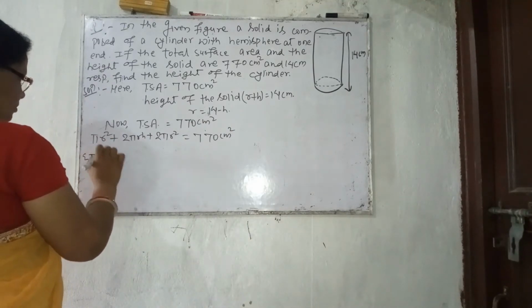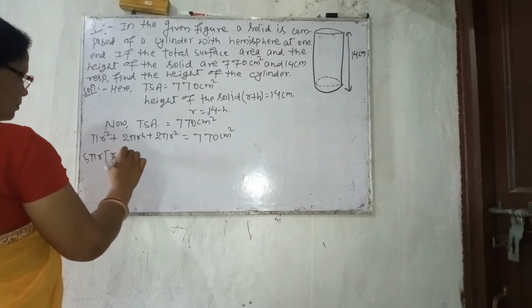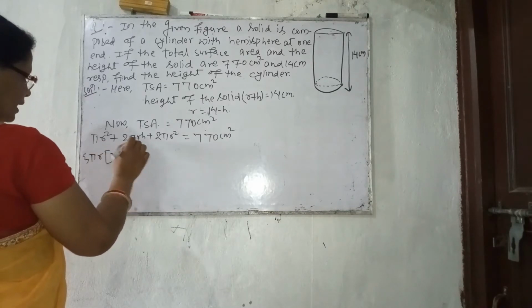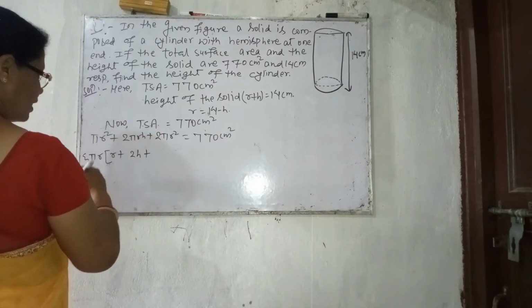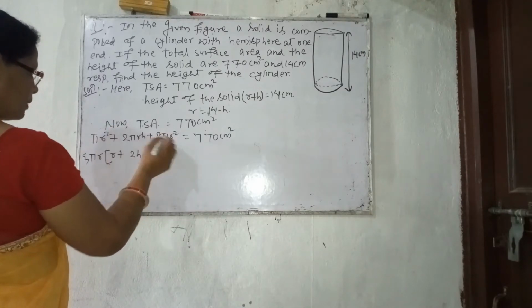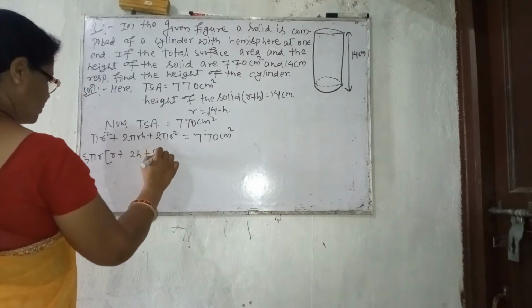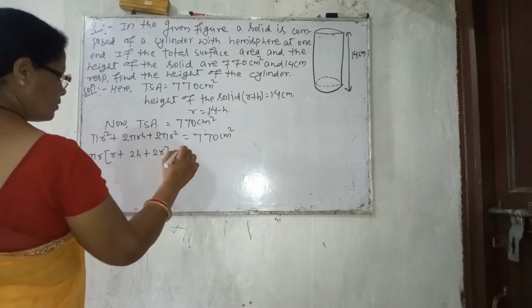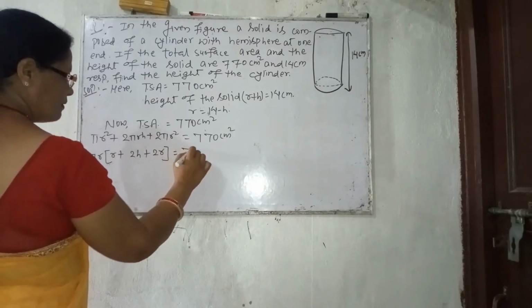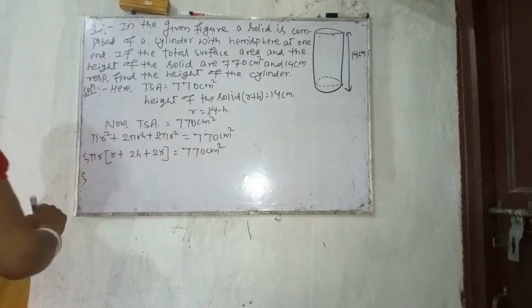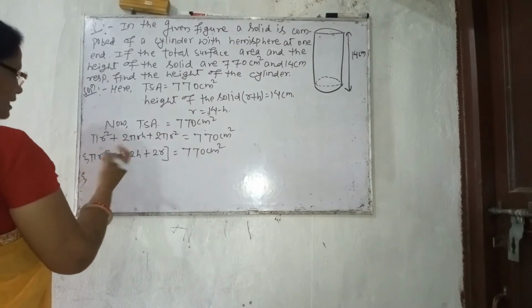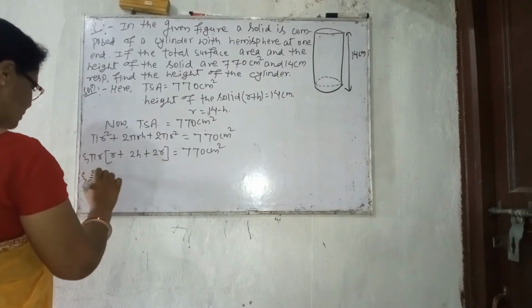Pi r is common, so r plus 2h plus 2r equals 770 cm square, where the value of pi is 22 upon 7.